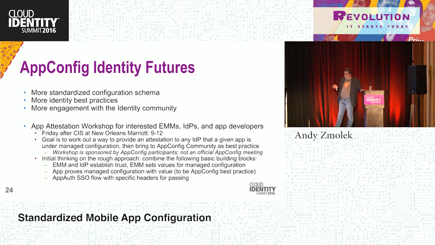So the main idea here is the app is able to prove by getting something from the EMM and then pass on through headers to the IDP that the IDP can verify, then the IDP can say, oh, okay, I can make my authentication decision based on the fact that I know this app is actually managed by an EMM and not just sitting out there on a device that I know nothing about.